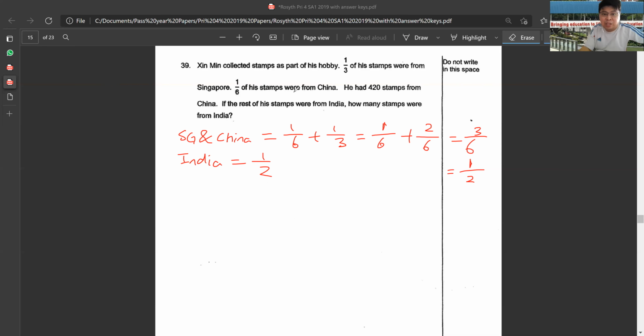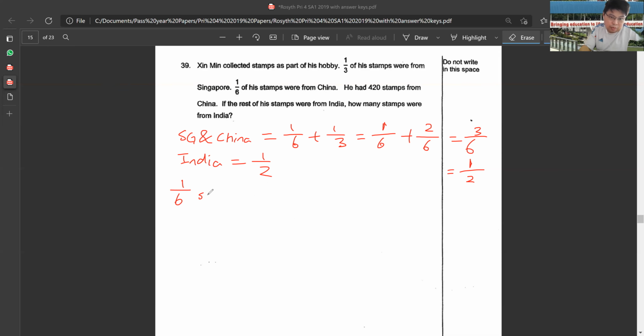1/6 of his stamps is how many stamps? You see, China, 420 stamps from China.